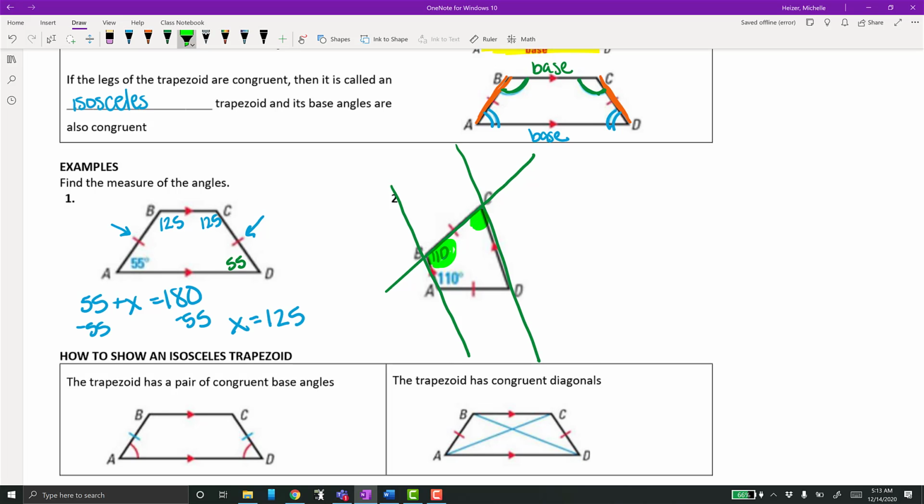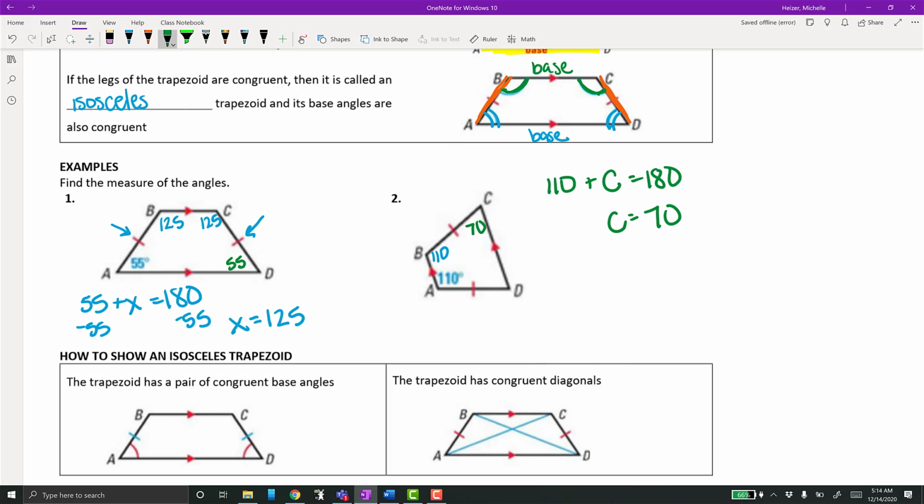We know that consecutive interior angles are supplementary. So 110 plus C equals 180, so angle C is going to equal 70 degrees. Which means angle D is also 70 because this is an isosceles trapezoid, which means my base angles are congruent.